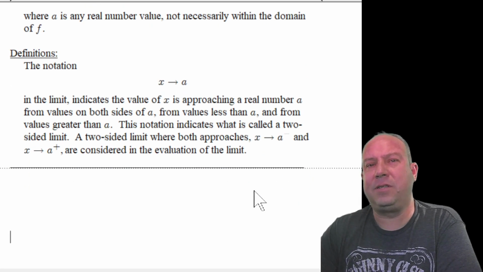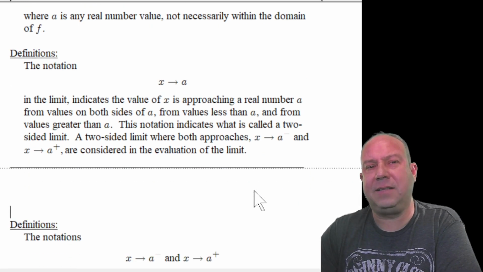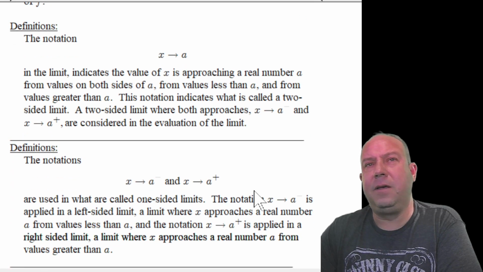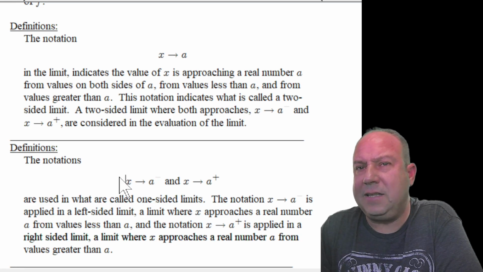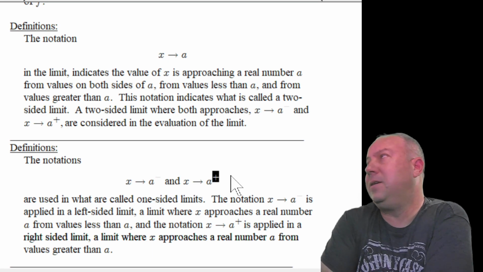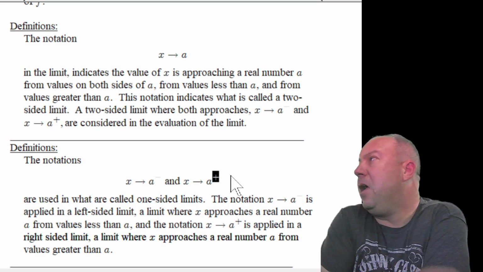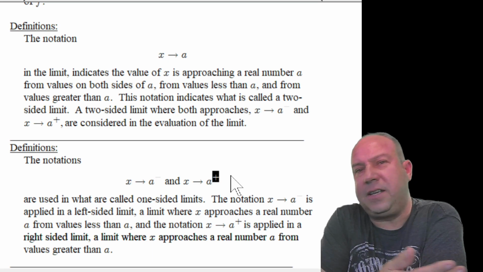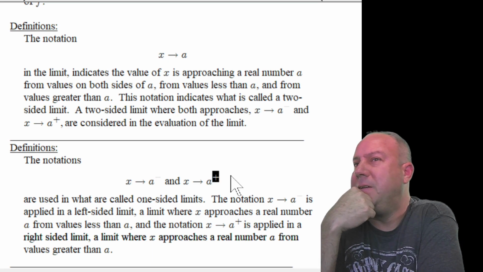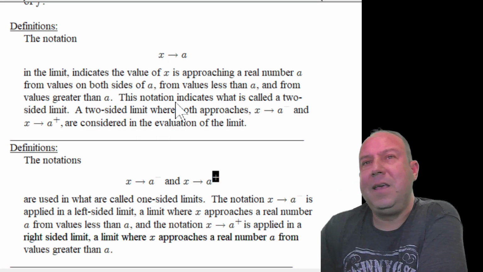If I follow this definition with that of a one-sided limit, the notations for one-sided limits involve those superscripts of negative or positive signs, indicating approaching from the left or the right-hand side.